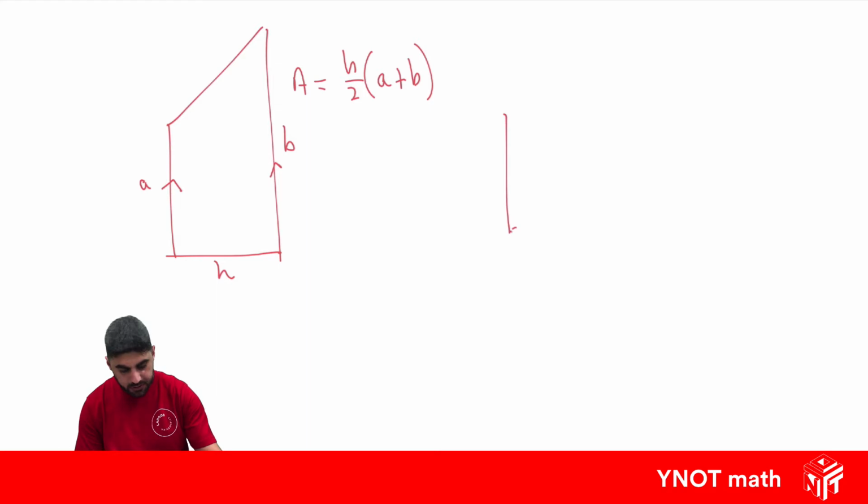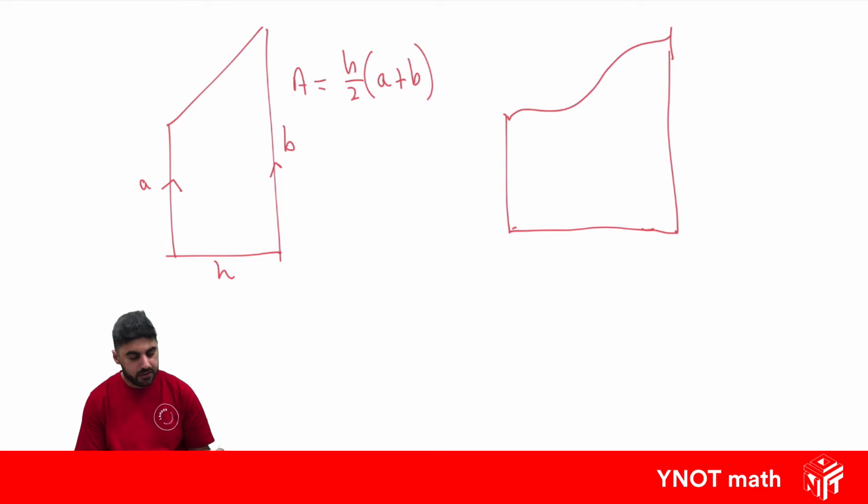So let's have a look at one like this. So far I've drawn almost the same shape, but if we pretend that was a straight line, we'd actually have a trapezium, and we can estimate the area of this by just pretending that it's a trapezium.